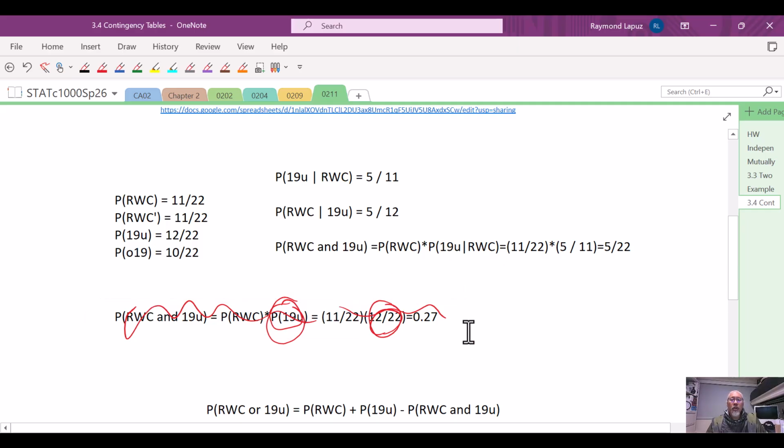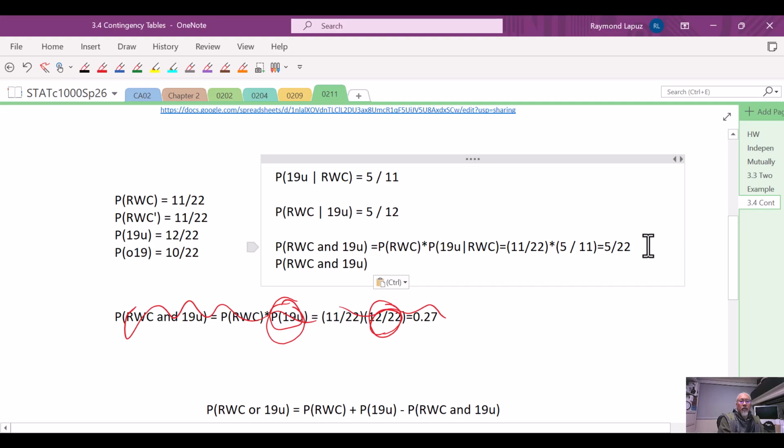If we were to do this the different way, we should still get the same result, because this is an AND.